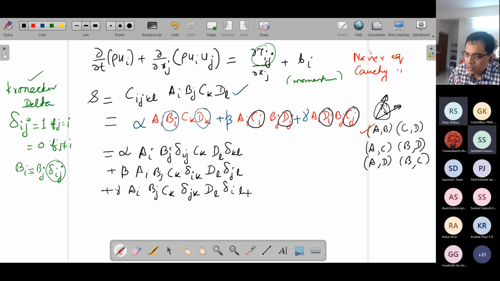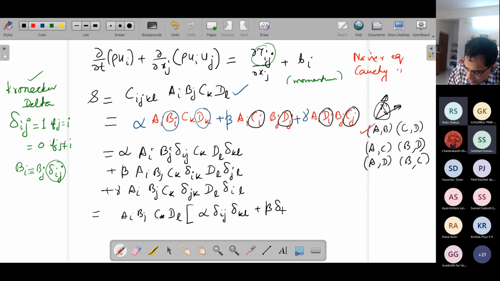So we have done nothing except switching. After this switching, we can take AI, Bj, Ck, and DL common from all the terms. So alpha delta Ij delta KL plus beta delta Ik delta JL plus gamma delta Jk delta IL.